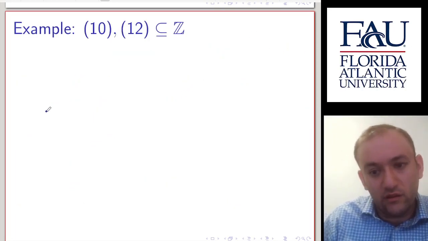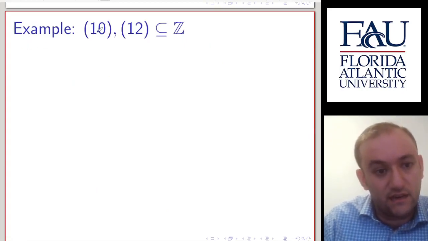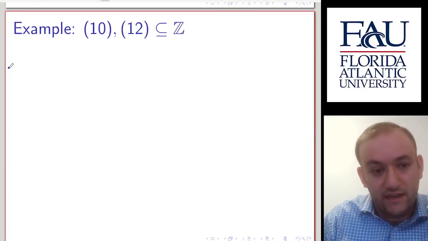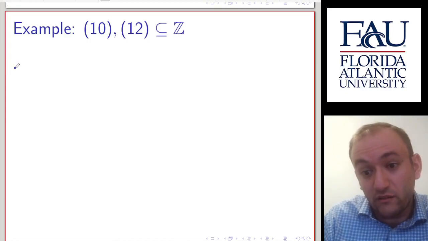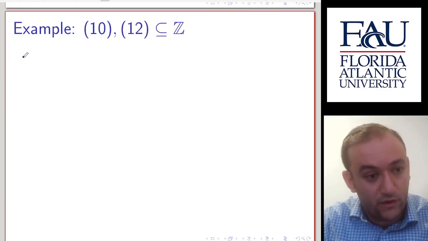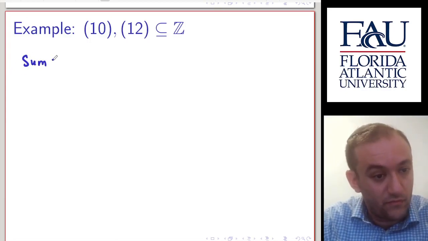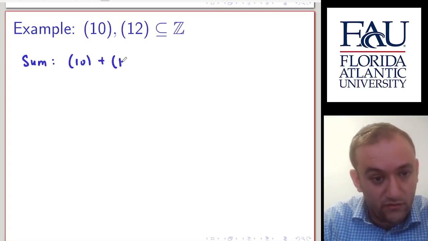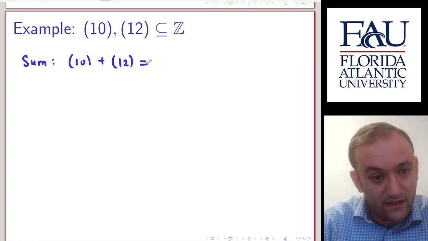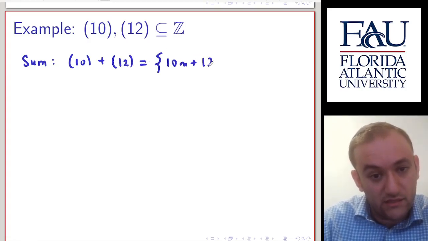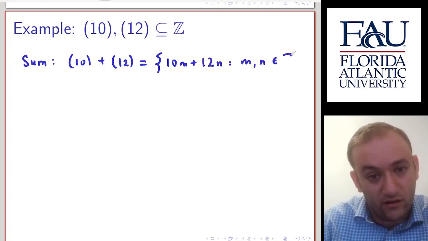Let's consider how all of these constructions look in the context of the ideals generated by 10 and 12 in the integers. Okay, so let's start with sum. So we have (10) plus (12). So this should be the set of elements of the form 10m plus 12n, where m and n are integers.